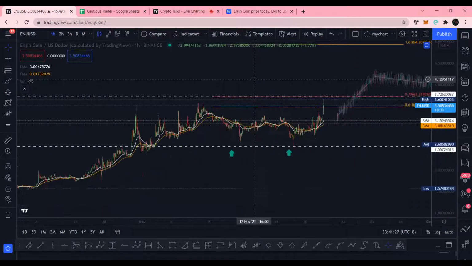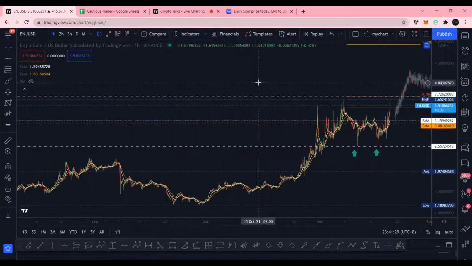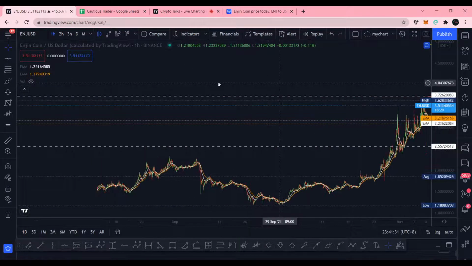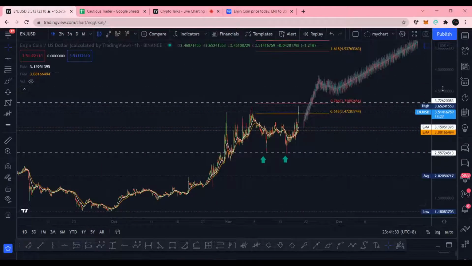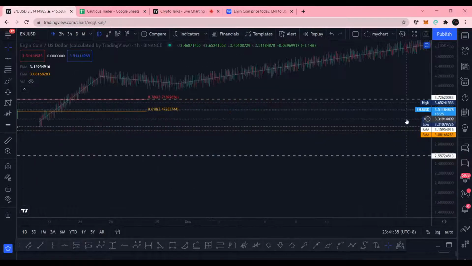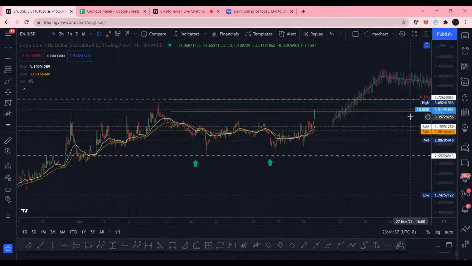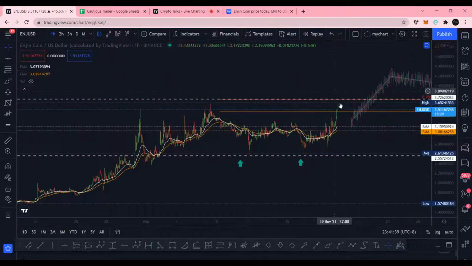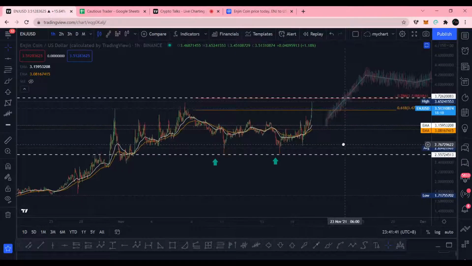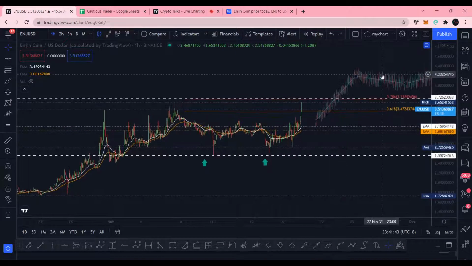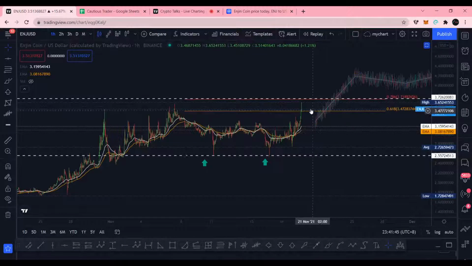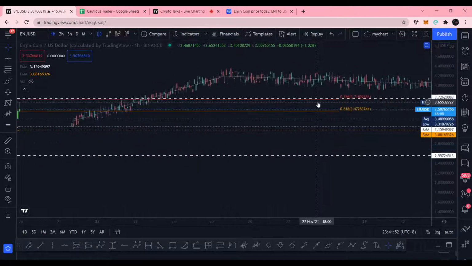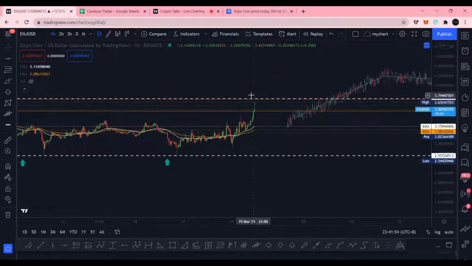Because normally I'm trading an asset based on the 1 hour time frame. Basically, I might wait at 3.16 because I don't like how this candle is forming.